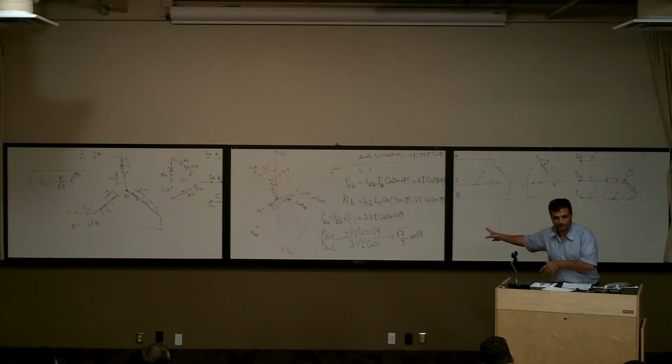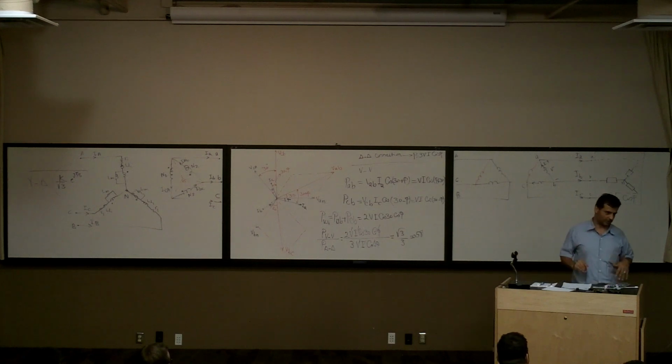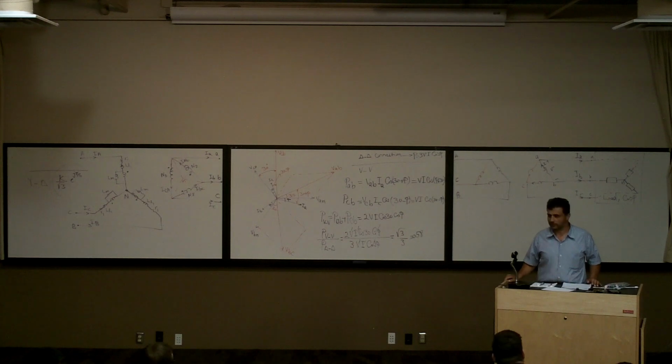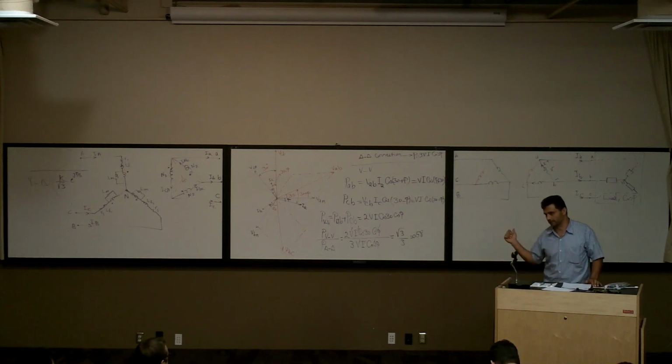So this is the only case we use it. Usually, in the power system, we try not to go for this kind of thing. But in an emergency condition, where we must have power, one of the transformers is gone, and we don't have any spare, we can use a V-V connection. Basically, we can cover up to 58% of the load.